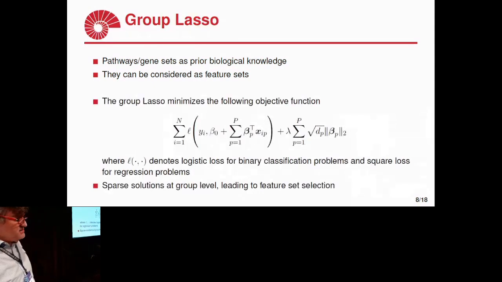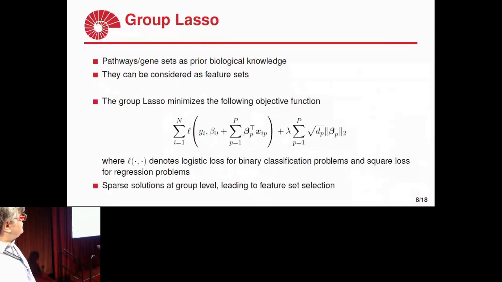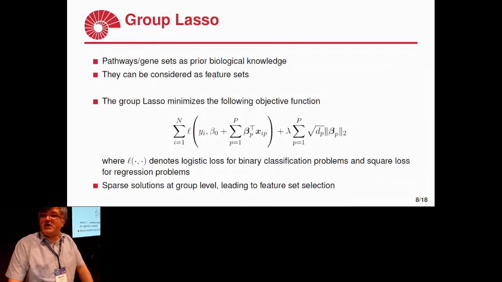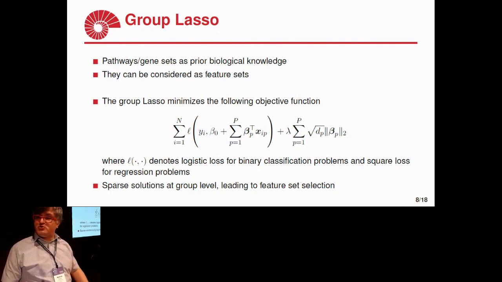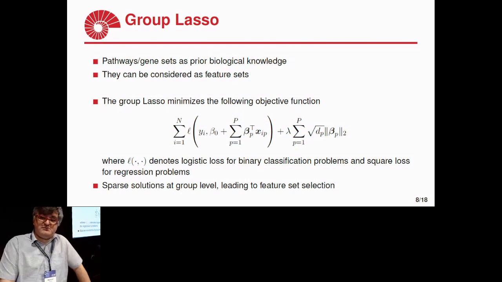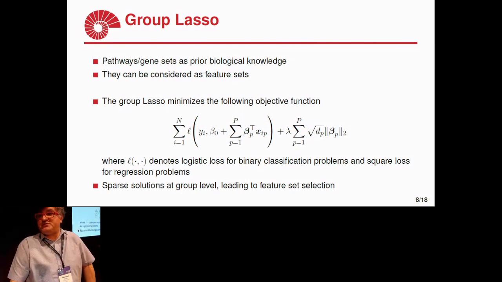As a reminder, this is the general formulation of the group lasso. We have a loss function between the phenotype measurements and the predicted phenotype measurements using the feature sets. Now I'm going to call them feature sets. The difference between group lasso and the original lasso algorithm is that now we are not picking features, we are picking sets of features.